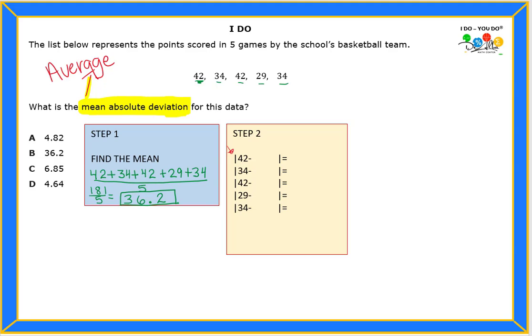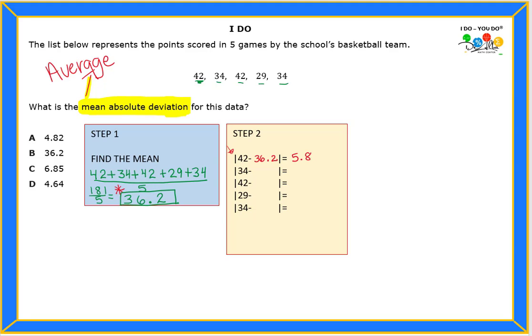So look, my first number is 42. Is that right? So what I'm going to do is subtract 42 minus the number that I found right here, 36.2. Okay? And we get 5.8, right?